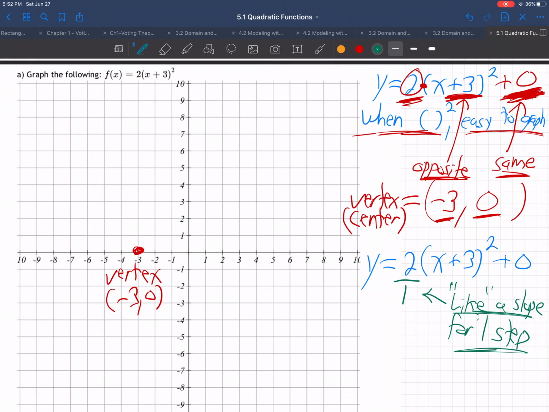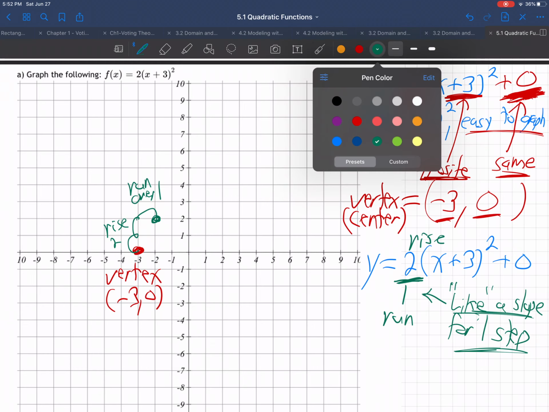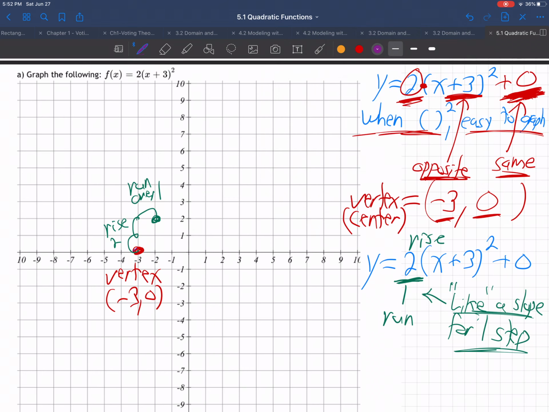But this will make it very easy to find your first step. Treat this like a slope just for the first step. Remember, slope is rise over run. So rise 2, from the center, go up 2, and then go over 1. Run 1, rise 2. Boom, there we go. That is going to be a point on the parabola.